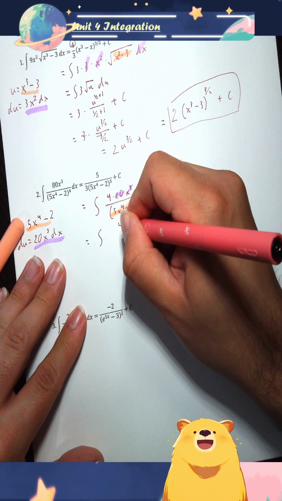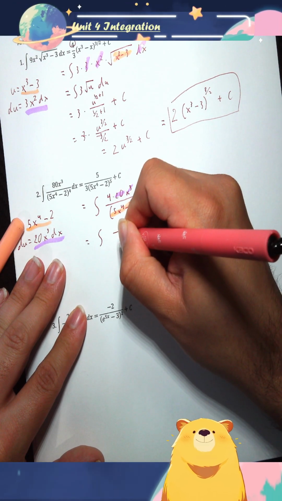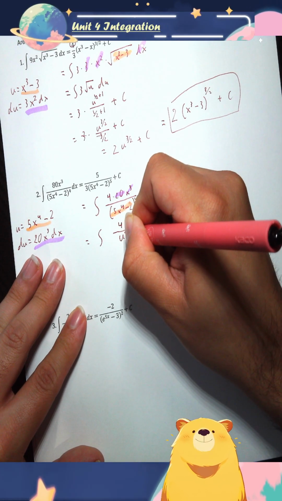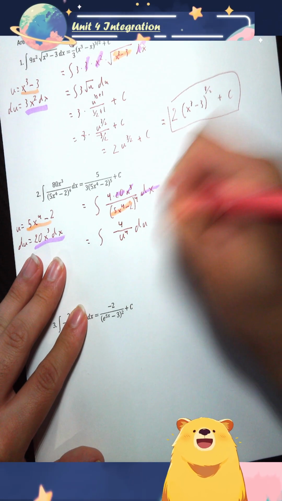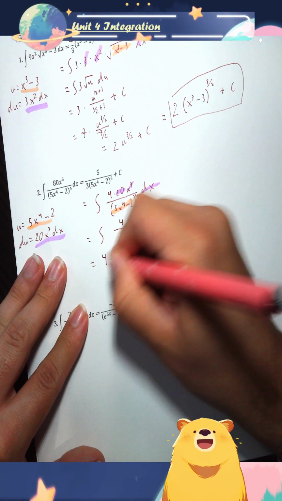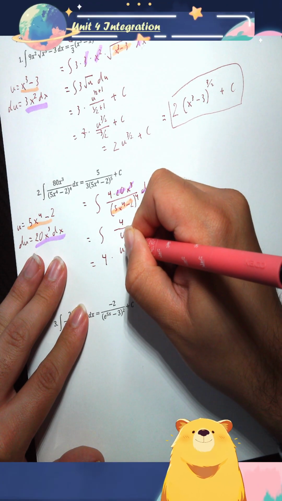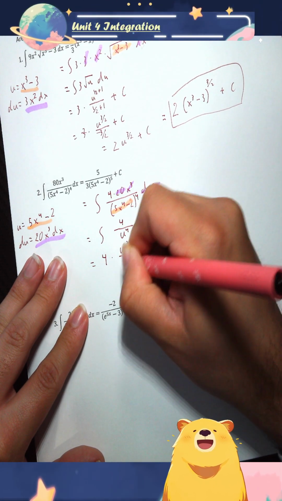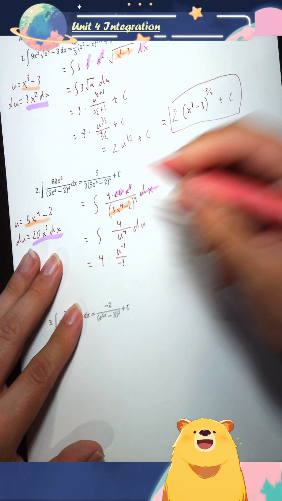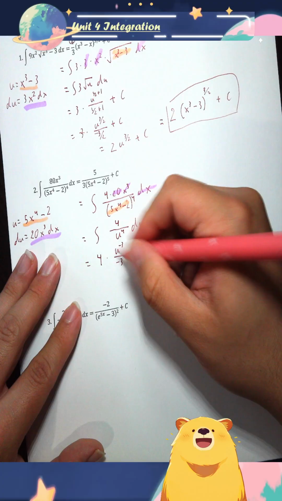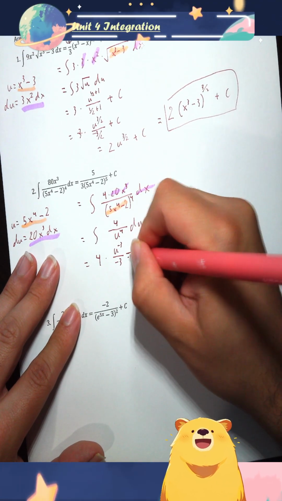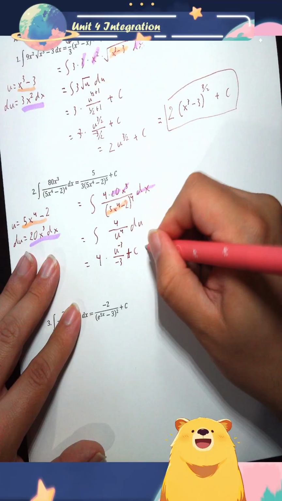And we're left with 4 over u to the power of 4 du. So this is 4 times, that's a negative, so u to the power of negative 3 over negative 3. Oh, plus c. Let's simplify that a little bit.